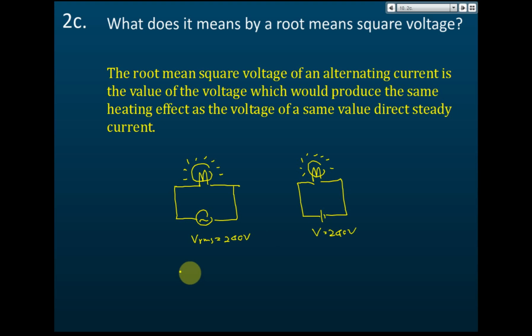The peak voltage measured with the oscilloscope can be 340 volts, but the root mean square is 240 volts. That is the definition of root mean square voltage.